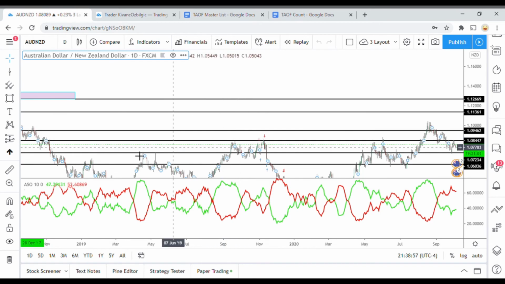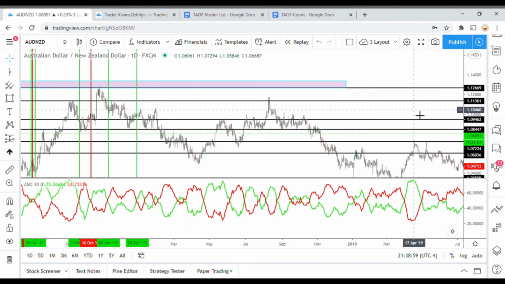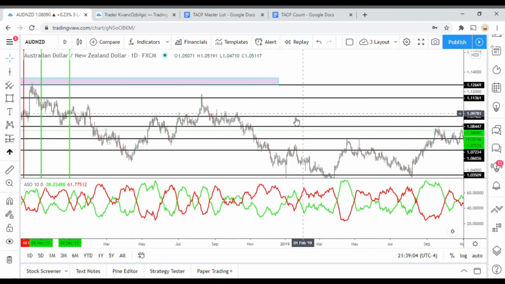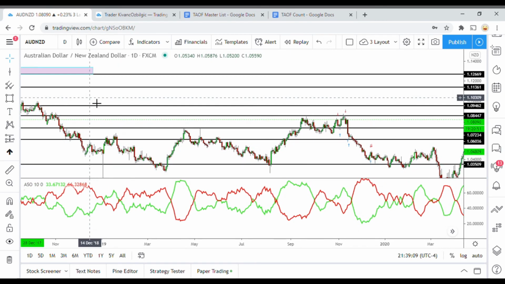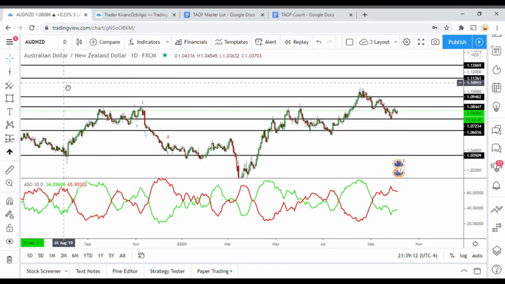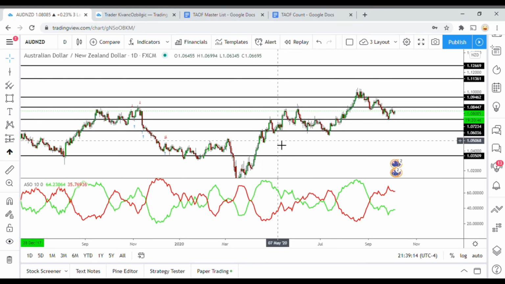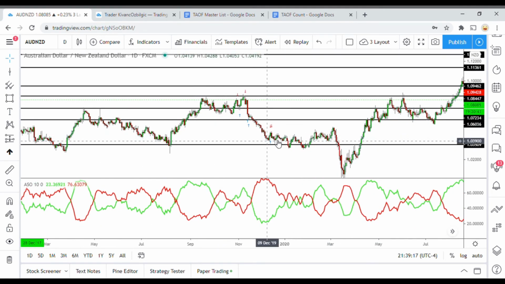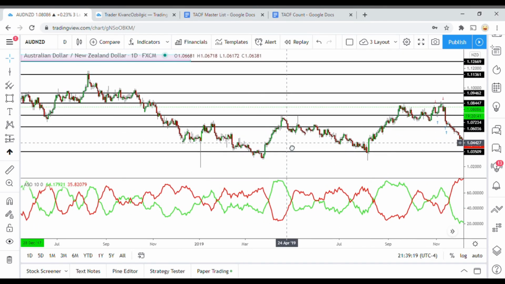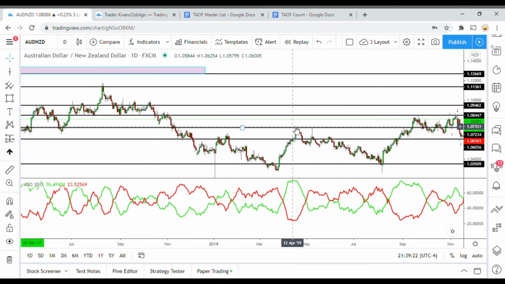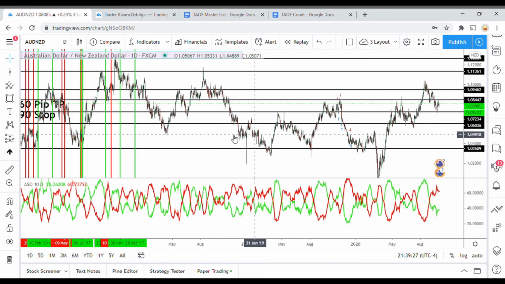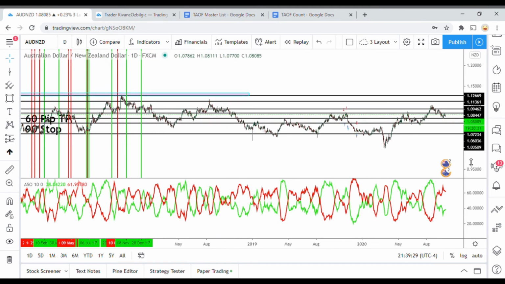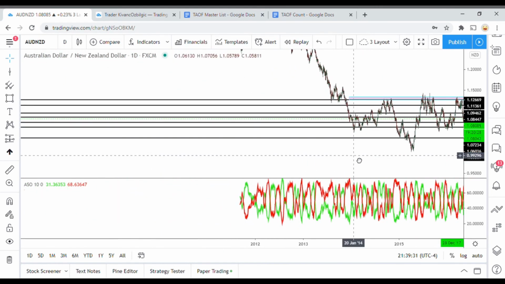Just for the sake of looking at things, what is interesting to do sometimes is to go back. I was in 2017 there. I marked off these lines of support and resistance. And now if we start to scroll forward, we can see how those areas of support and resistance have been significant areas where price action has had reactions to them going forward in the future.